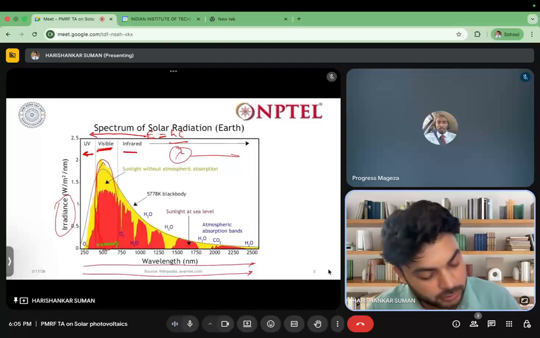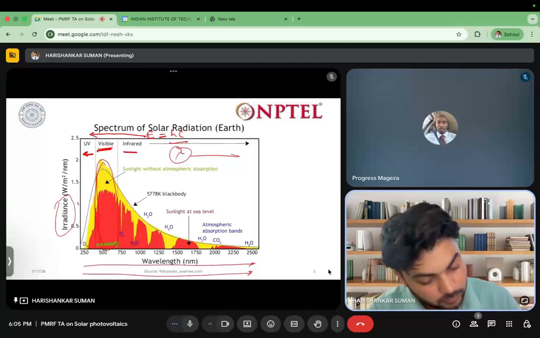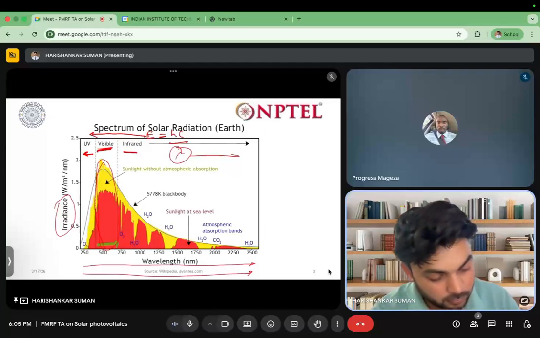So according to this spectrum, a question will ask which region is suitable for the solar cell, what is the suitable band gap of the solar cell, as we have discussed, and which band gap gives you the highest. Why?